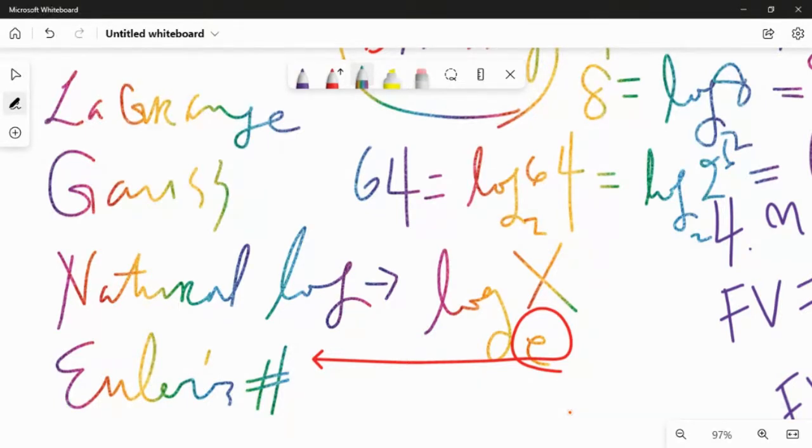So if you stubbornly anglicize everything, Gauss will have to be pronounced Gauss, and that's really gory, right? Lagrange will be pronounced Lagrange. And that is really stupid.